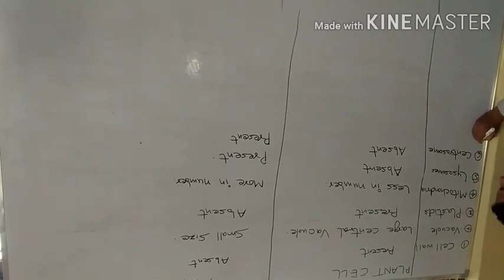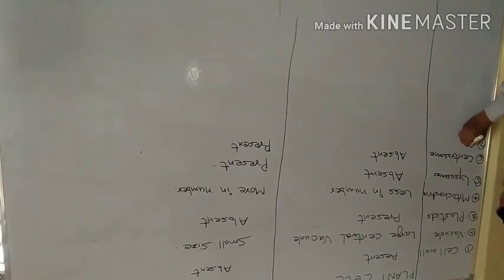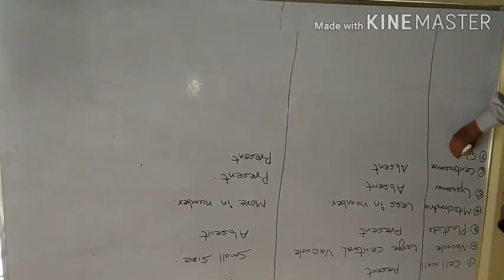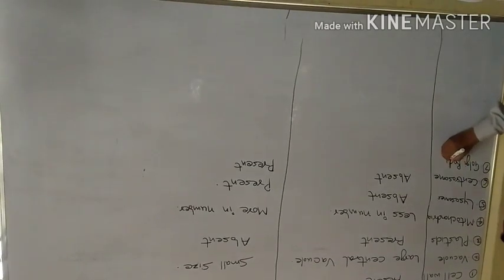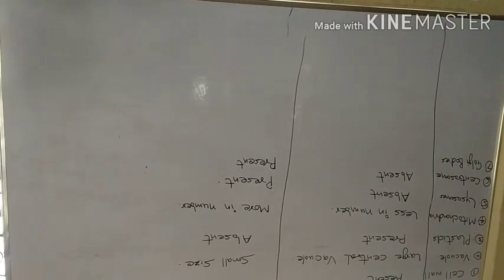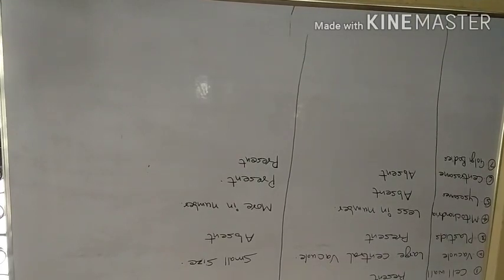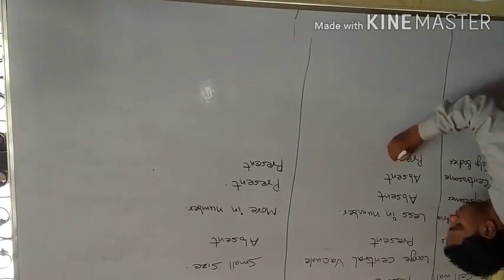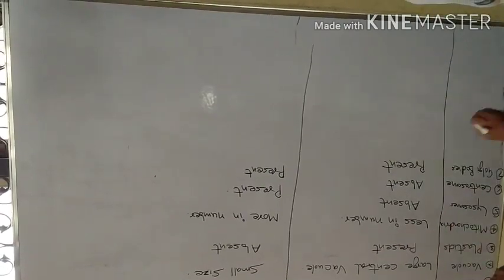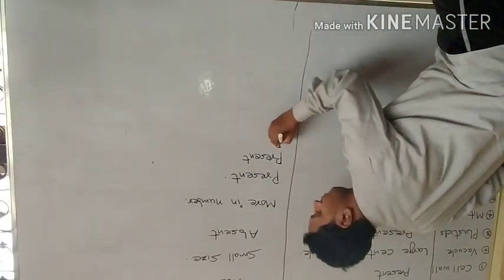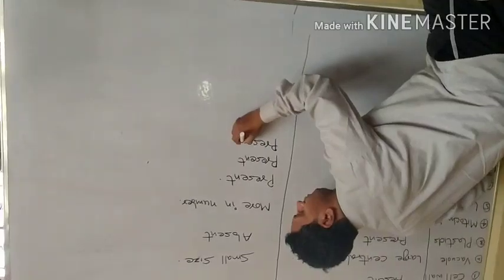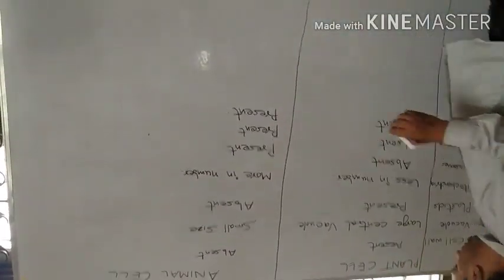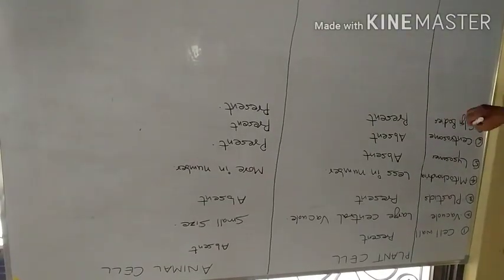When comparison comes, seventh, Golgi bodies. Present in both plant and animal cells. But in plant cell, these Golgi bodies are known as dictyosomes.